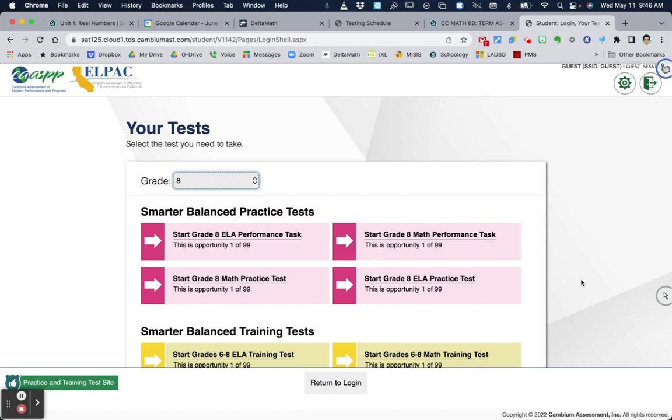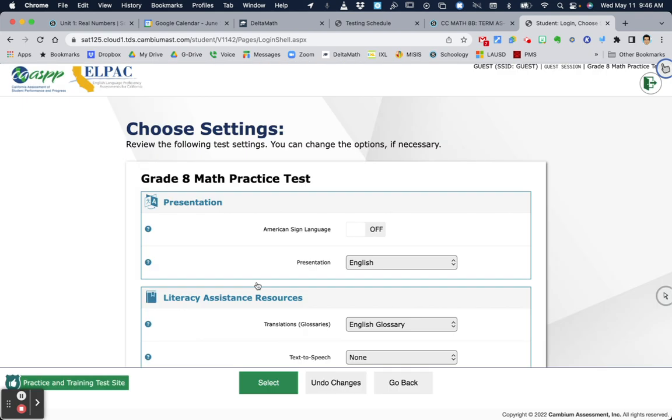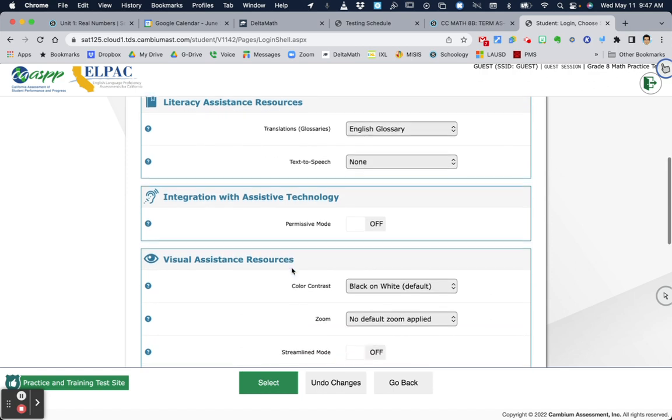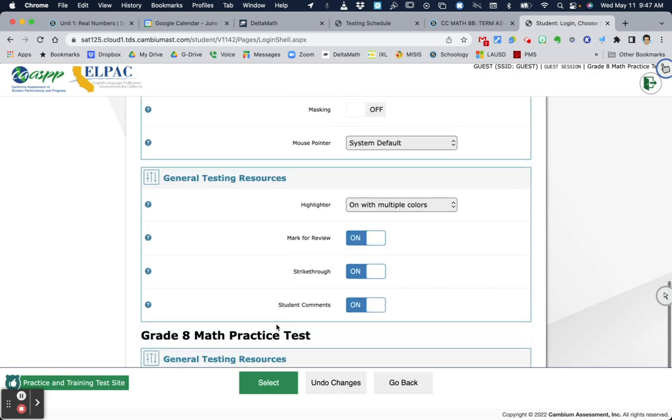Okay. All right. So what we're going to get into is the math practice site. So click on math practice site, and you get 99 tries. And it's just for practice. It's just so that you can see what the questions are like, get comfortable with it, look at the tools that are available. Okay.